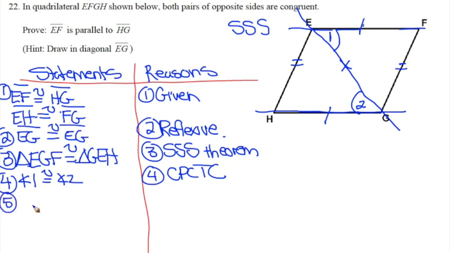So finally, last step, I can confirm that EF is parallel to HG.